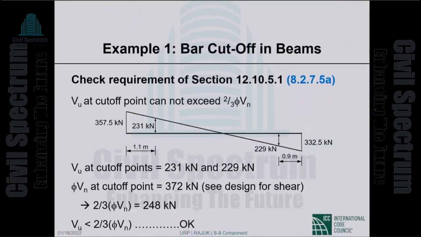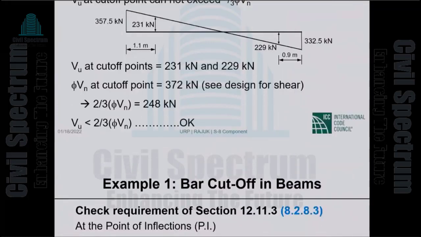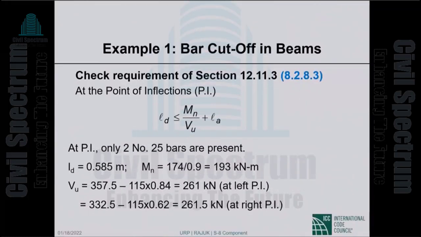So yeah, at point of inflection, only two number 25 are present. L sub D is 0.585. M sub n is 193 kilonewton meters. V sub U can be calculated at 261 kilonewtons on one side, 61.5 on the other side.